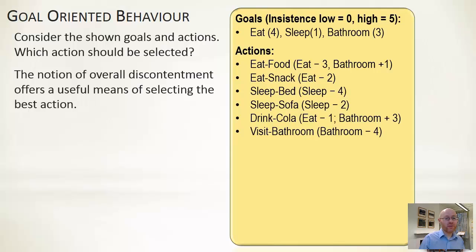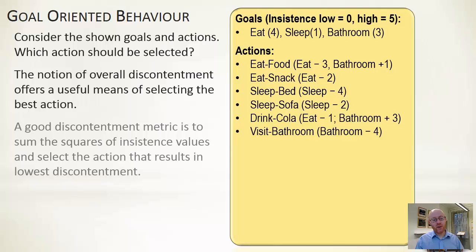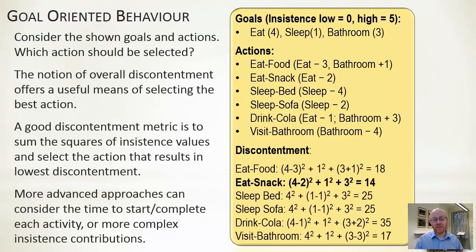How they do this, there's different ways, but one good way is the notion of discontentment, basically unhappiness. And one way we can measure this here is the sum of the squares of the insistence values, and then to work out from that which one we would pick. So for example, let's look at eating food. If we were to eat food, my insistence value for food would go from 4 minus 3 down to 1.